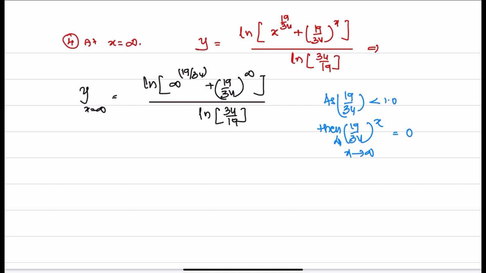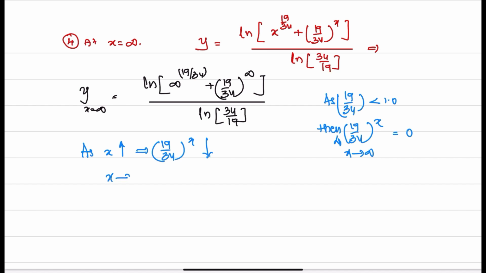Because as x increases, 19 by 34 to the power of x decreases.